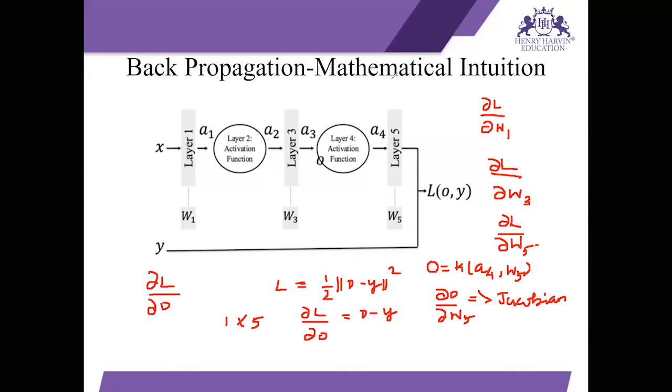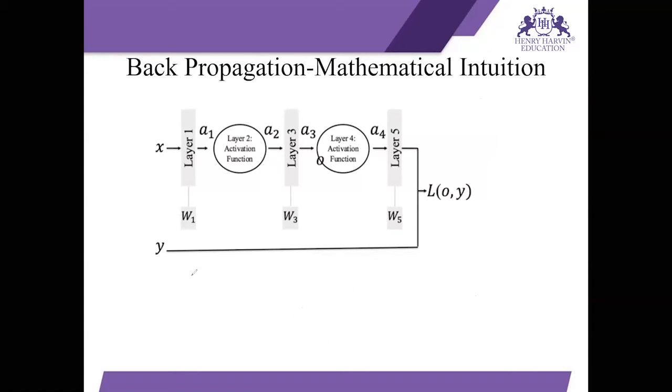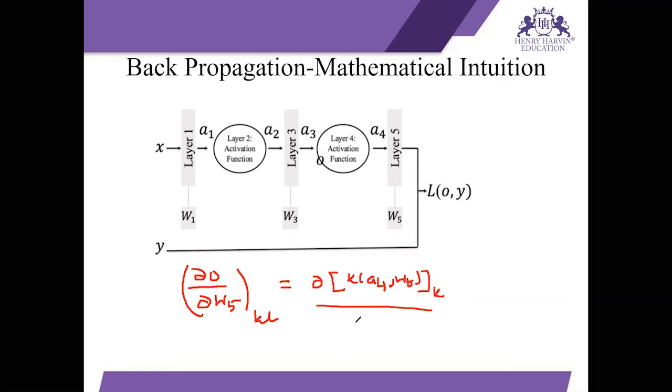Let me erase this and write dou O by dou W5, with the element KL, which is equal to dou of K of A4 comma W5 divided by dou of W5 L. When you look at this, it looks very complicated, but it is actually very simple.